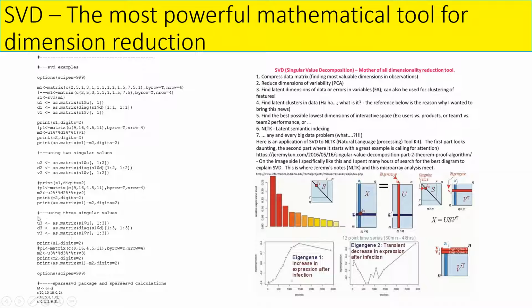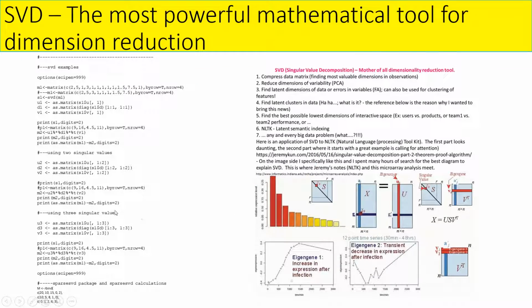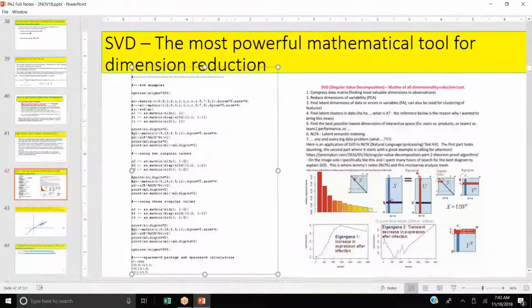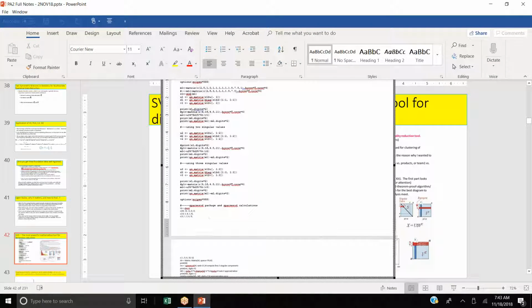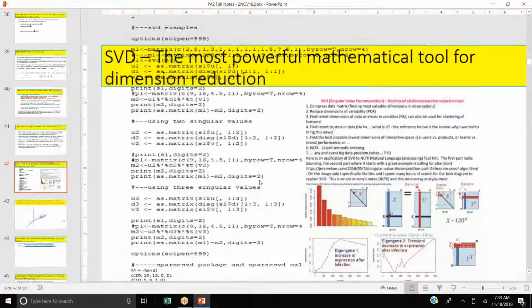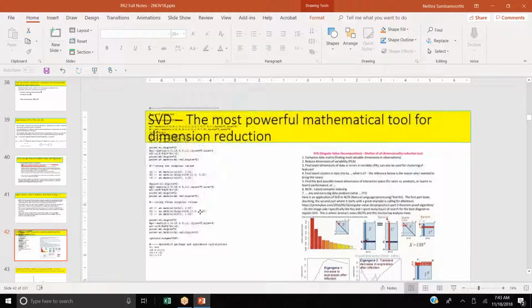Okay, and so let me walk you through this example, how to get singular values and so on. Okay, ready? Let's use it with R. I have to do something about this. It's not coming through well.